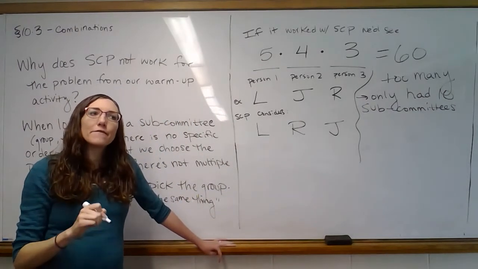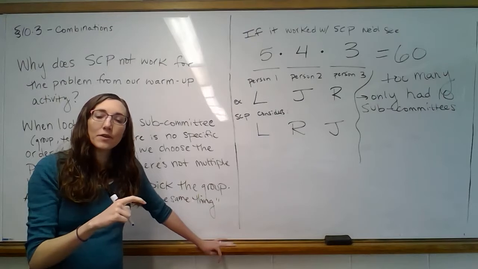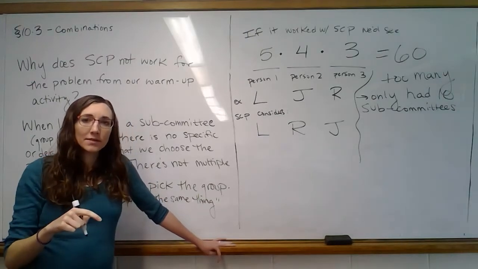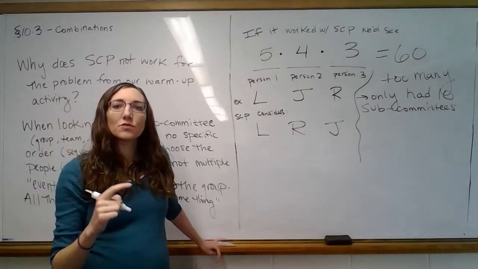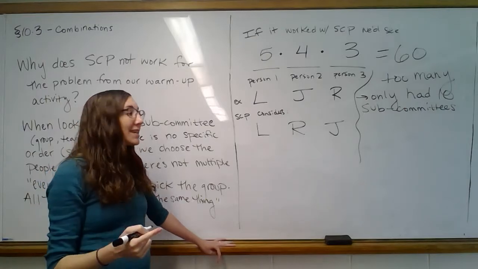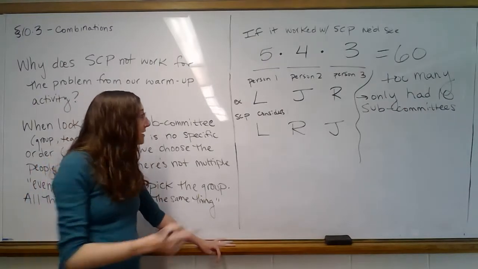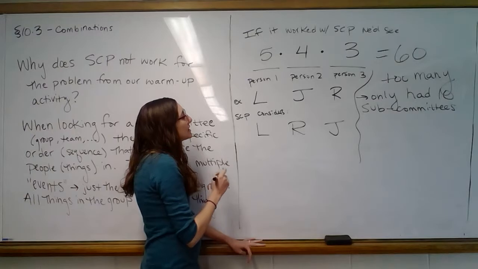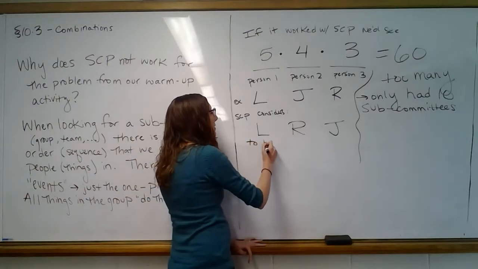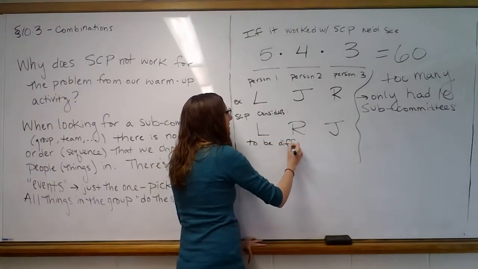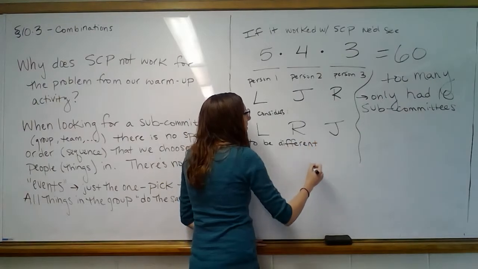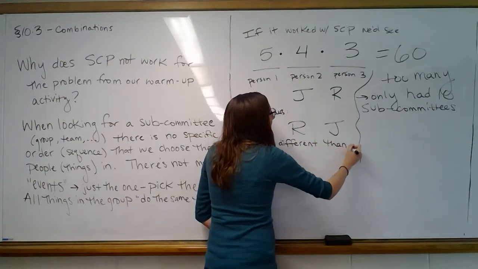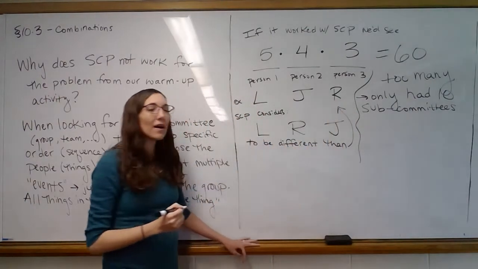Notice that if the order is important, if it really is a sequence of people, a list of events, then these would be different. So sequential counting considers this to be different than the one that we found above.